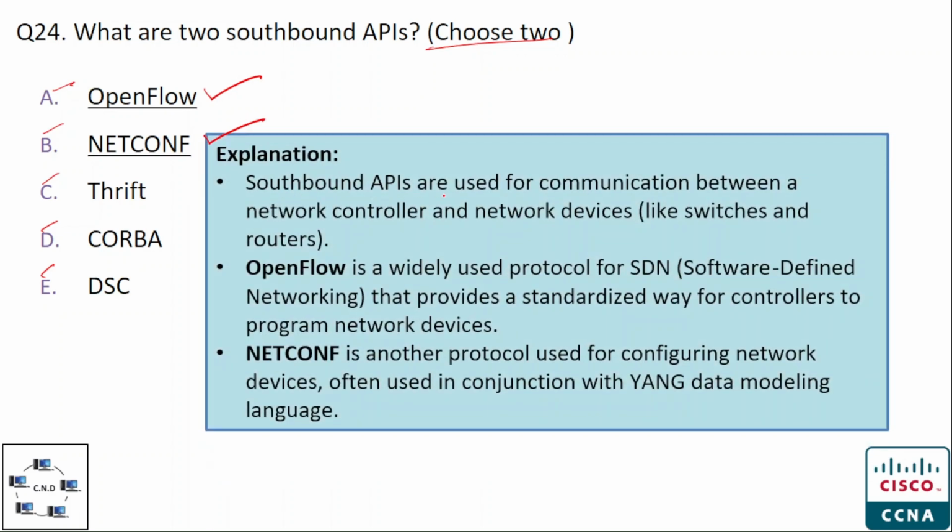Explanation: southbound APIs are used for communication between a network controller and network devices like switches and routers. OpenFlow is a widely used protocol for SDN, that is software defined networking, that provides a standardized way for controllers to program network devices. NETCONF is another protocol used for configuring network devices, often used in conjunction with the YANG data modeling language.